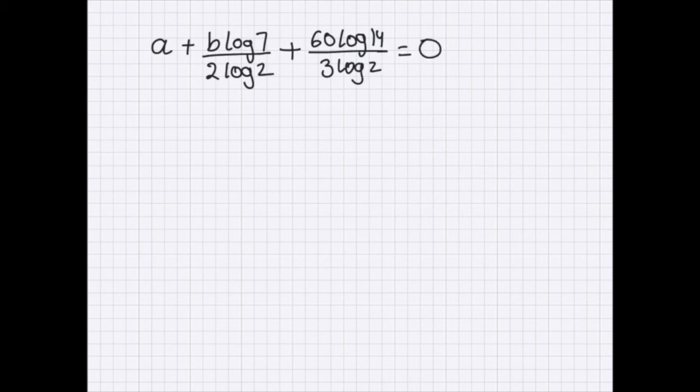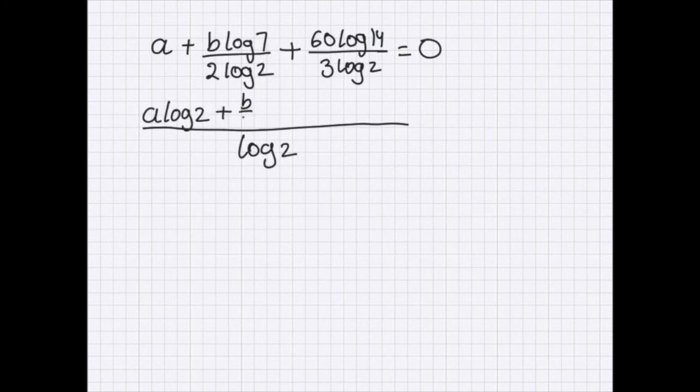I just brought the exponent to the front here. Now we can take log 2 as an LCM. So if you do that, we'll have a log 2 plus b over 2 log 7 plus, and then 60 divided by 3 is just simply 20. So 20 log 14 equal to 0. Now if we take 2 to that side, it will just simply be 0.